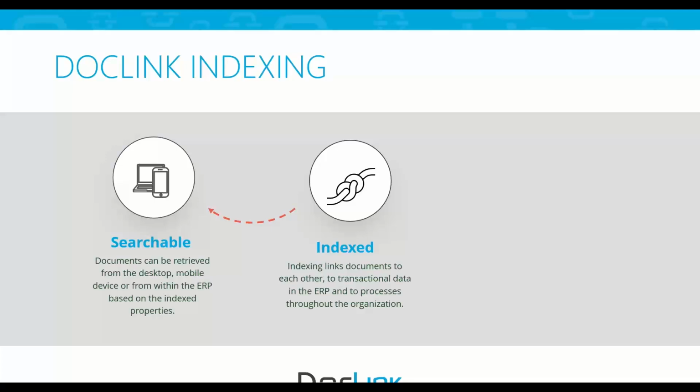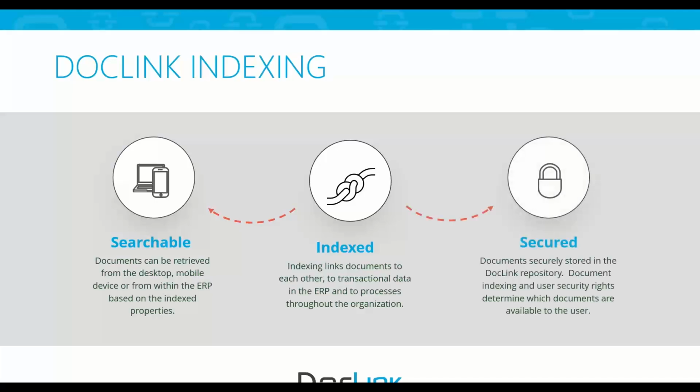That's all the data that we're collecting, we're indexing, and then we use that as the basis for searching for those documents. And we can find not only one document, but we can find all of the related documents as well by using the data, the indexed data, to link documents and make them ultimately searchable.